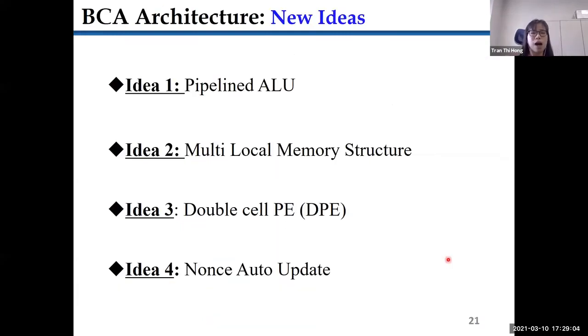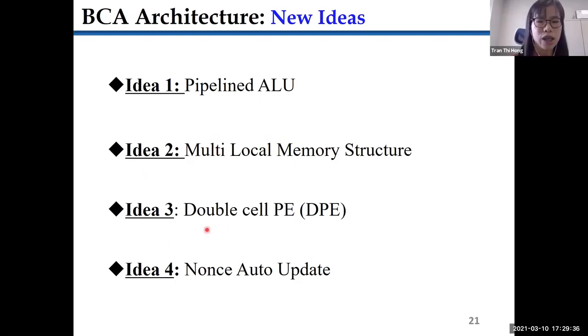So how about our architecture? How can we solve such kinds of problems? We have several ideas. The first idea: we propose the pi-like ALU that can calculate one loop of the hash function inside a single piece. The second idea: we use a multi-local memory structure to efficiently use the ALU architecture.